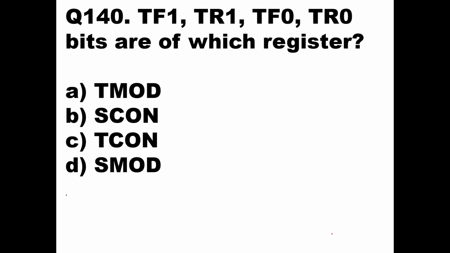So the timer flags 0 and 1 for overflow and the timer run bits for 0 and 1. All these bits are there in which register? So here the answer will be the control register, that is TCON. The TCON register is the one which has the TF1, TR1, TF0 and TR0 bits, the control register for the timer.